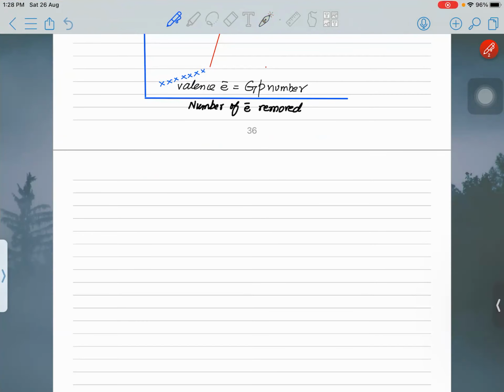Now fluorine. This is fluorine gaseous. This converts into F+ gaseous. Then we convert to F2+ gaseous.